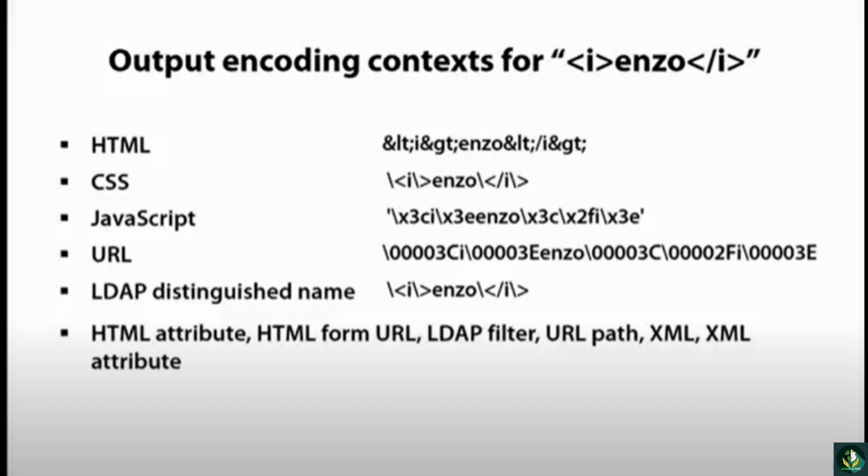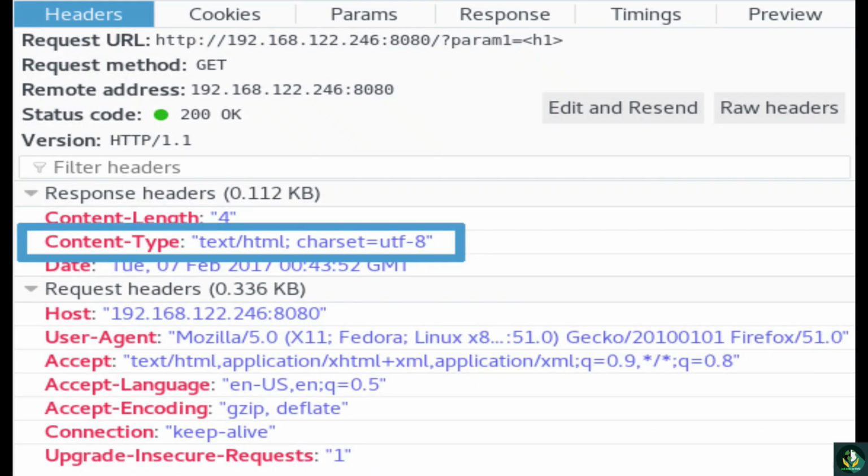You guys can watch CSS. CSS format is slash. JavaScript and URL, LDAP, LDAP distinguished name and HTML attribute, HTML from URL, LDAP filter, LDAP path, XML.